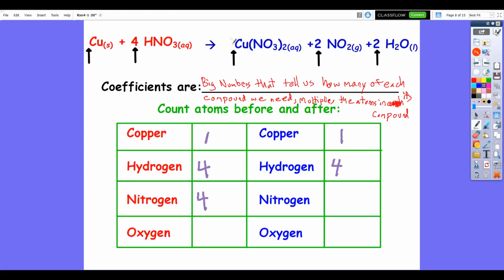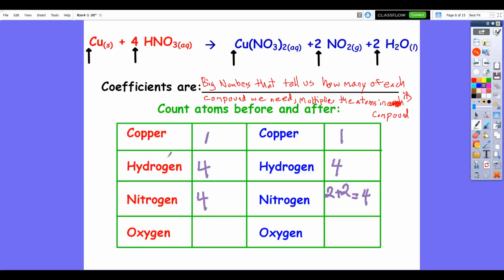Coefficient of 1. So 1 times 2 gives me 2 nitrogens. Then I've got another nitrogen over here, nitrogen dioxide. No subscript here, so that's just 1. But my coefficient is a 2, so 2 times my 1 gives me 2. So I have a total of 4 nitrogens in my products.